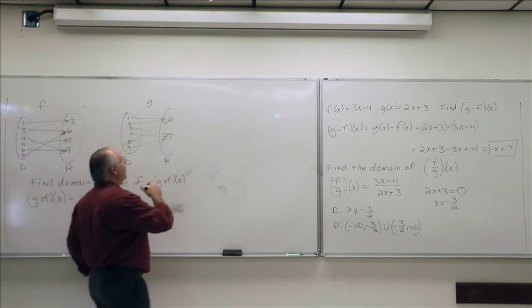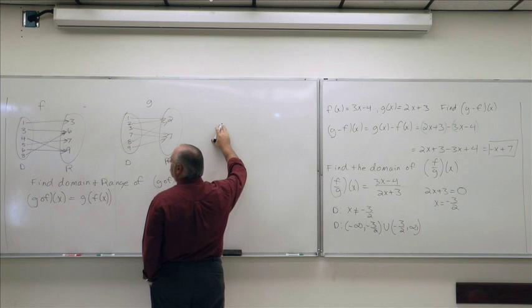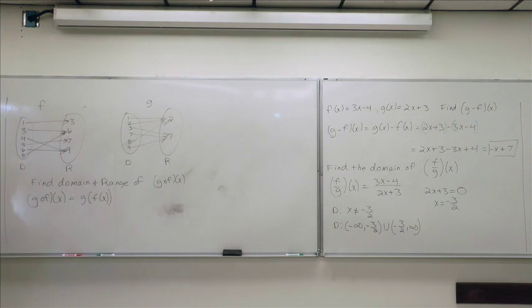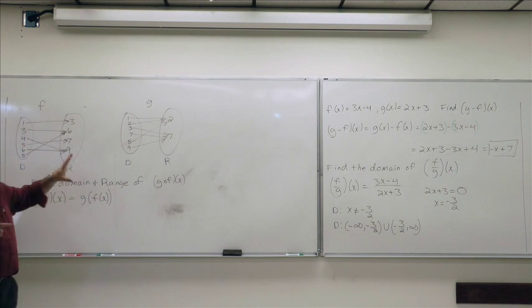It's only going to be in the domain if it works all the way through. So the potential domain is this set of numbers here, but not all of them are going to work. Let's see if we can carry something all the way through.